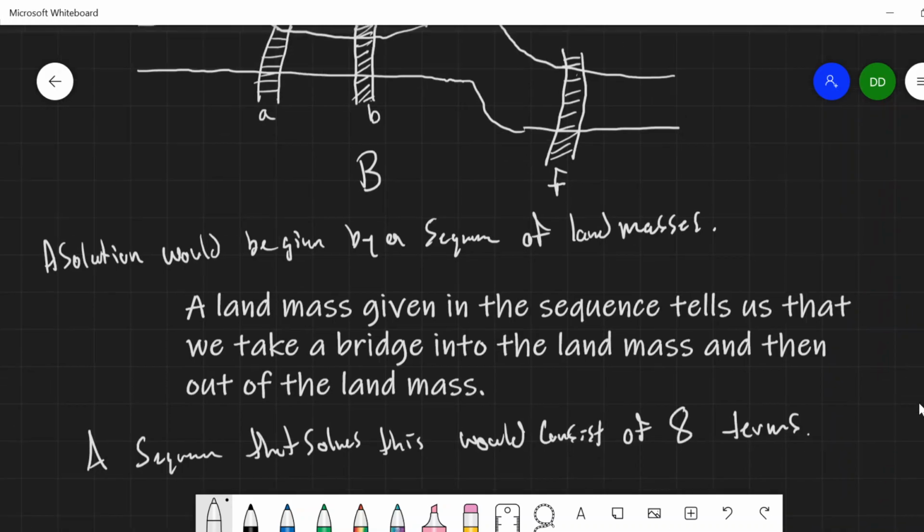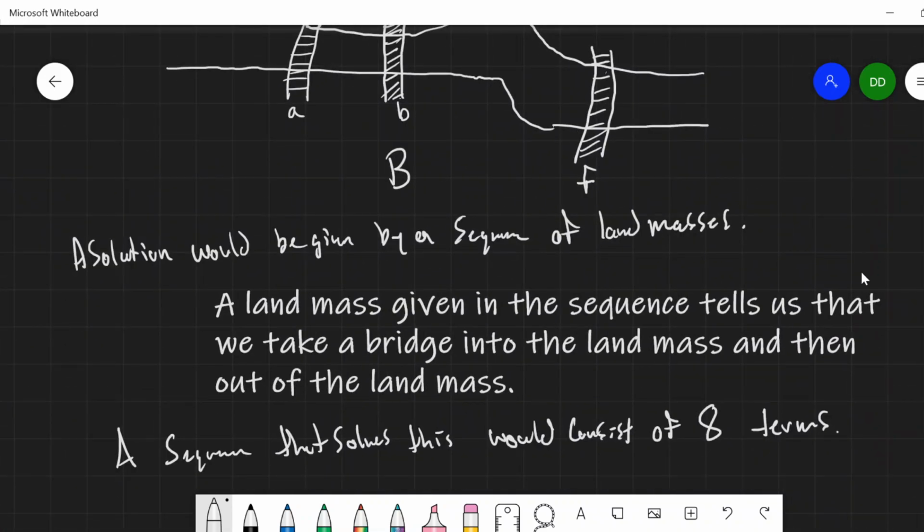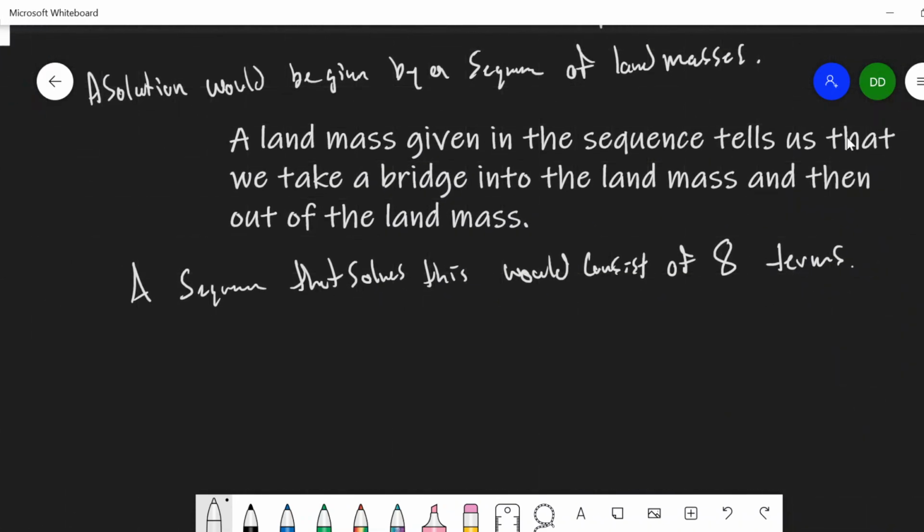So then what Euler did is he examined each landmass. How many times would A have to occur? How many times would B, C, and D each have to occur? Now A has 5 bridges coming off of it. And so this would mean that we would need to see A 3 times in the sequence in order to cover each one of the 5 bridges that either go into or out of it. So A would need to occur 3 times.